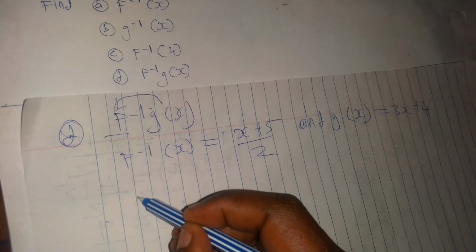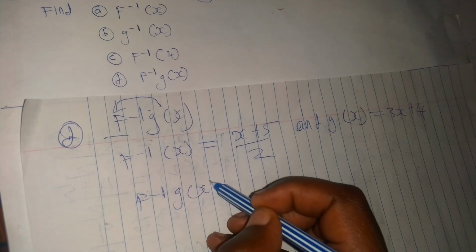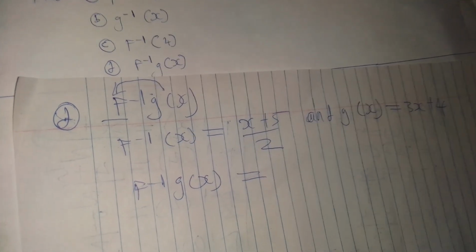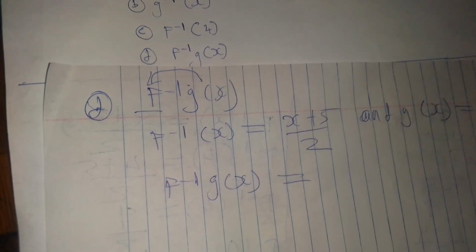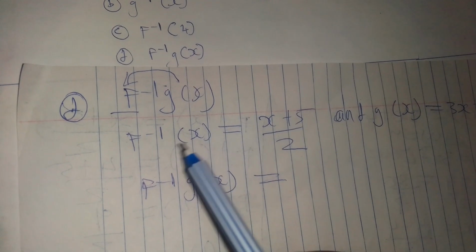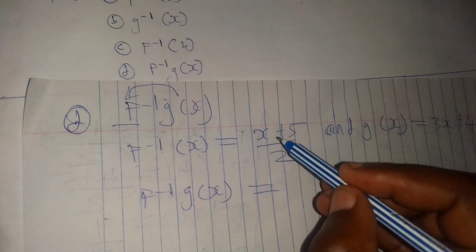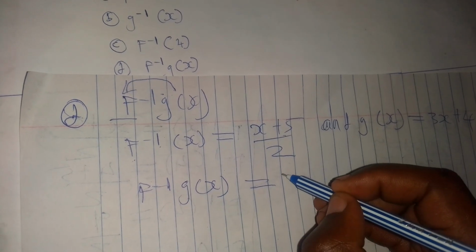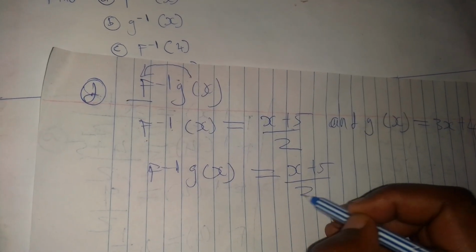So we are going to say f inverse g of x equals, okay, now which letter is in front? The letter in front is f inverse. So you are going to get this the way it is. You have x plus 5 over 2.